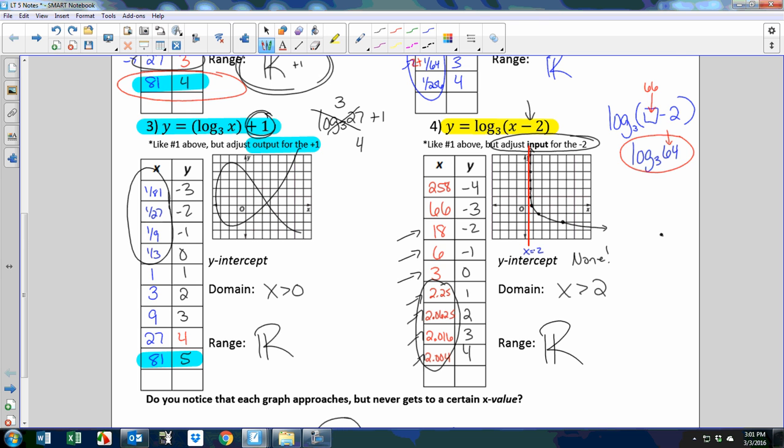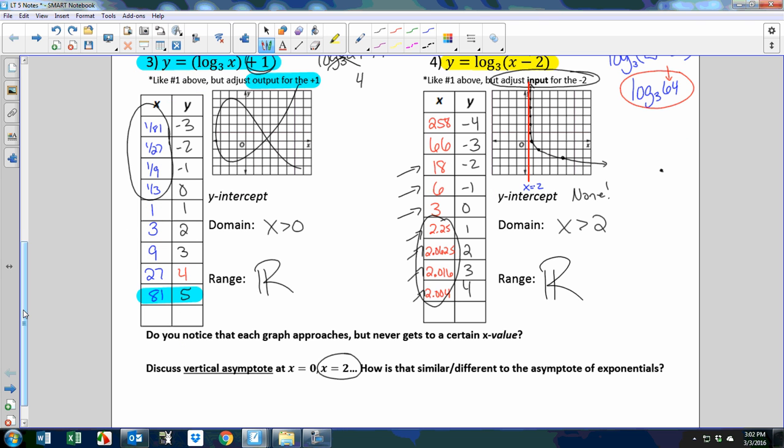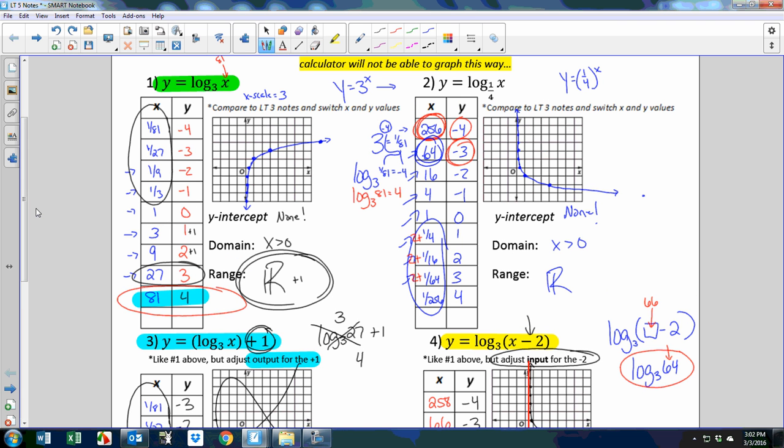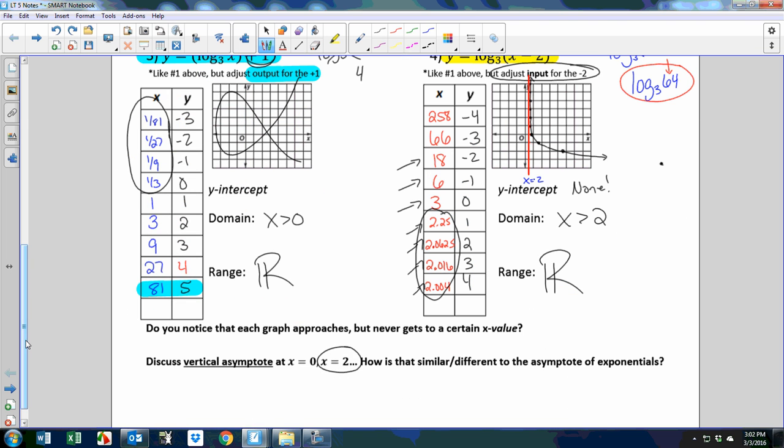But they'll never get there. That's called a vertical asymptote. There was an x equals 0 vertical asymptote in question number 2 and question number 3, a vertical asymptote at x equals 0, also known as the y-axis. Something that you'll use a little bit more in depth in calculus and future math. But that is target 5 in about 17 minutes.